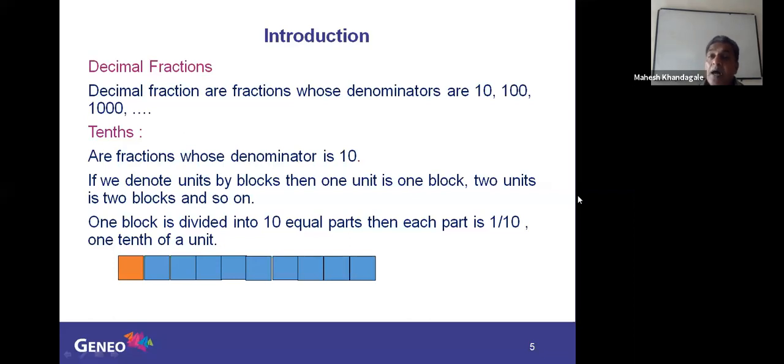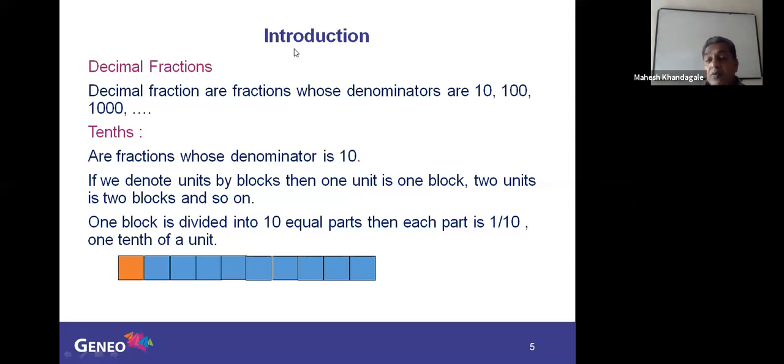That means the whole is divided into equal parts, and we take some parts out of those equal parts. For example, if one whole is there and we divide it into 5 equal parts, and out of these 5, I take 2, so this fraction is now 2 by 5, right? So we are taking 2 parts out of 5 equal parts.